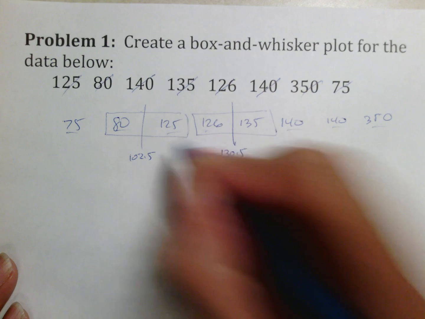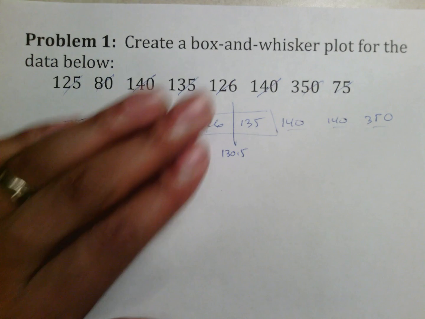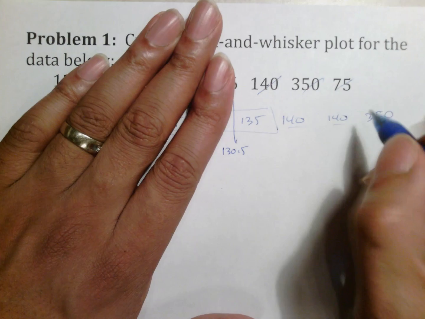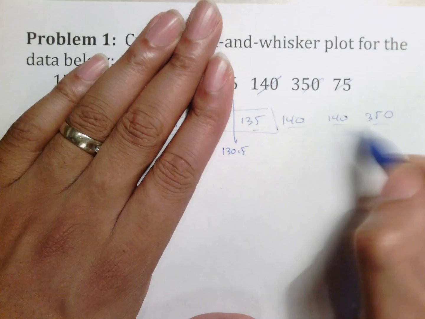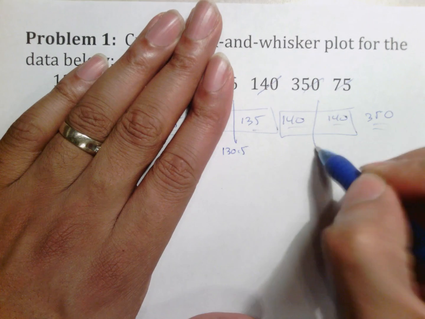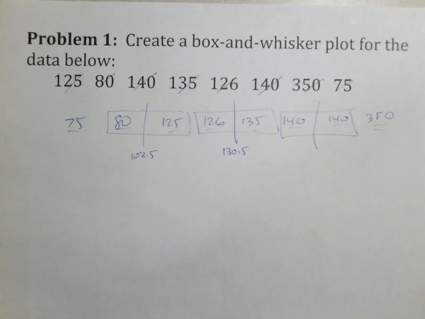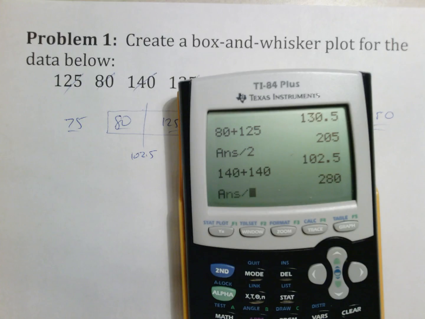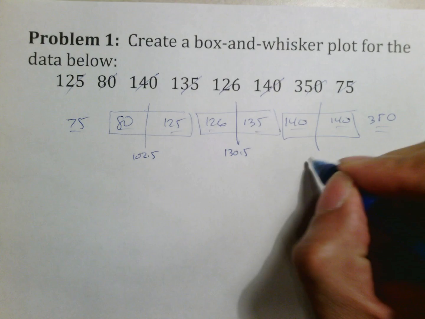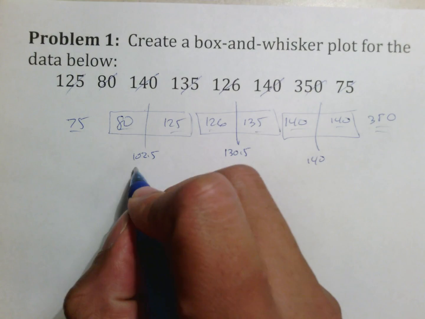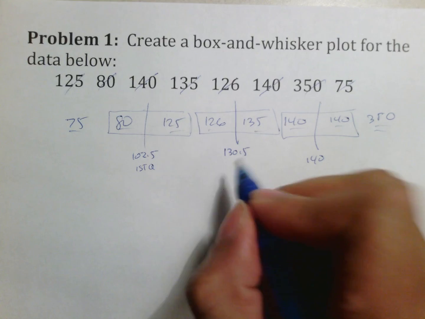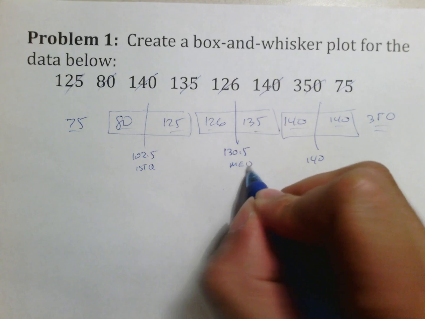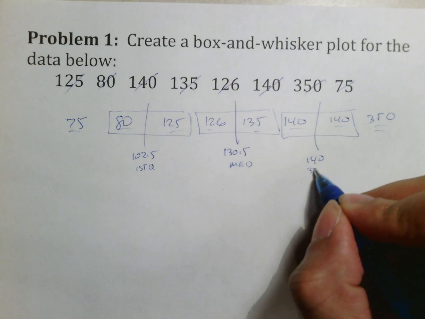So 102.5 is there. And then you cover up the line for the other side and find out that it is going to be between these two numbers where your median is. And of course, the number in between 140 and 140 is obviously 140, but just to verify that, 140 plus 140 divided by 2 gives me 140. So this represents my first quartile, my median, and my third quartile.